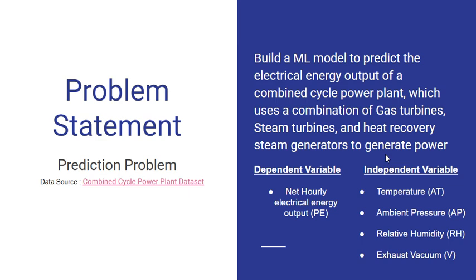Here we have a bunch of features, variables using which we have to build this model. The independent variables that we have are temperature, ambient pressure, relative humidity, exhaust vacuum, and the variable which we have to predict is net hourly electrical power output.